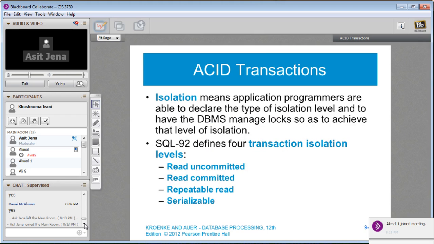Isolated basically means that we are able to make sure that different users are not able to introduce inconsistency in the database by what they are doing, through different isolation levels: read uncommitted, read committed, repeatable read, and serializable read.